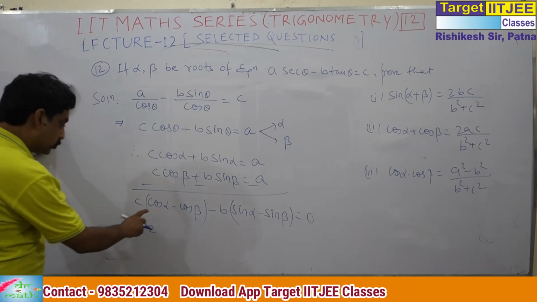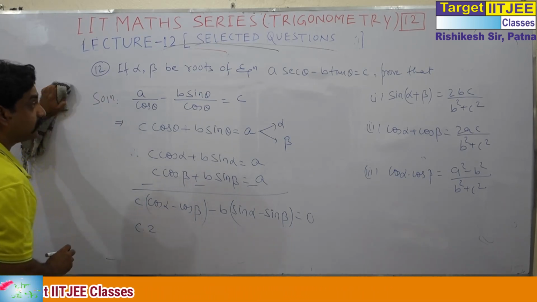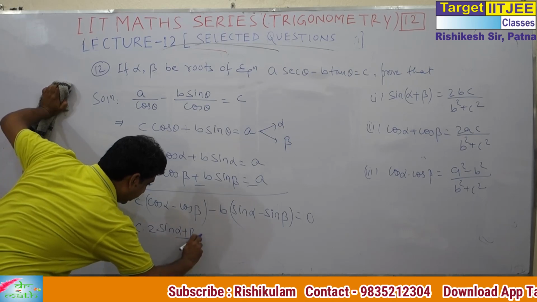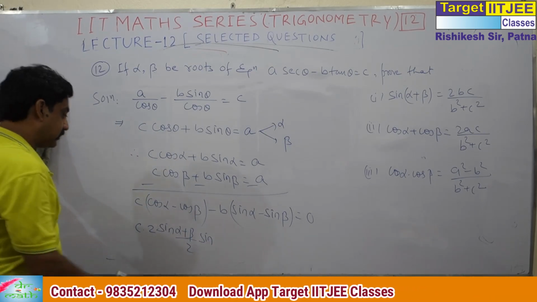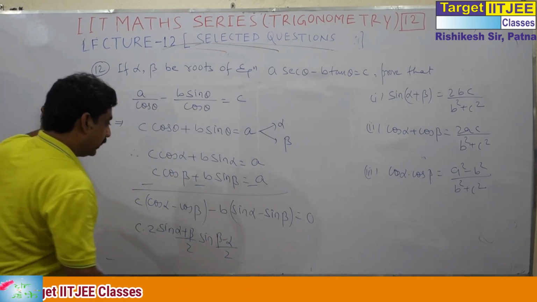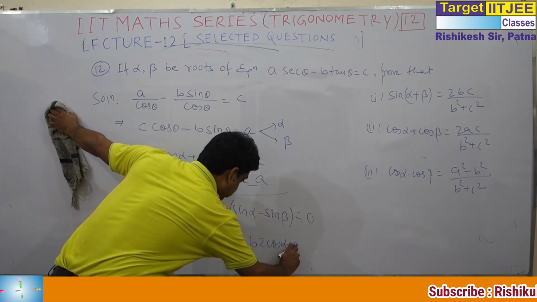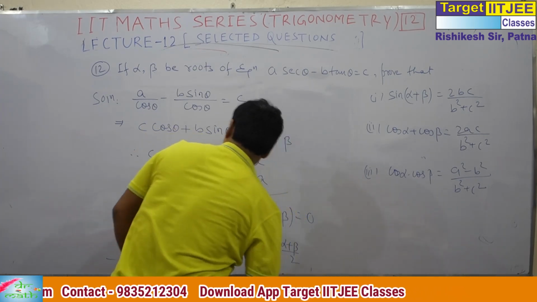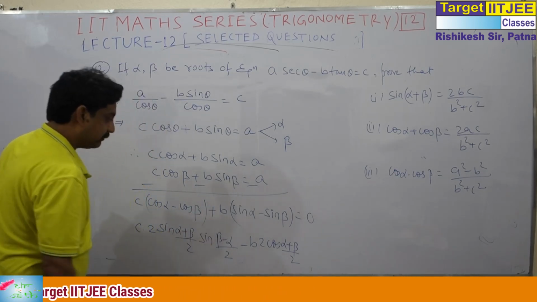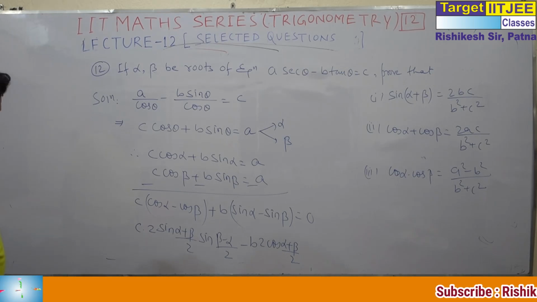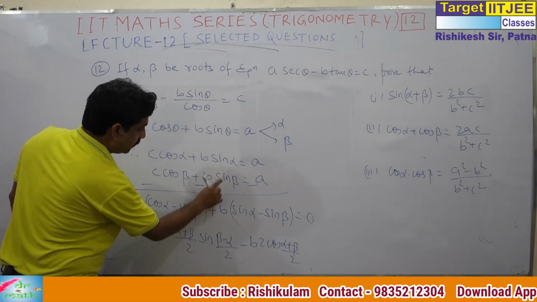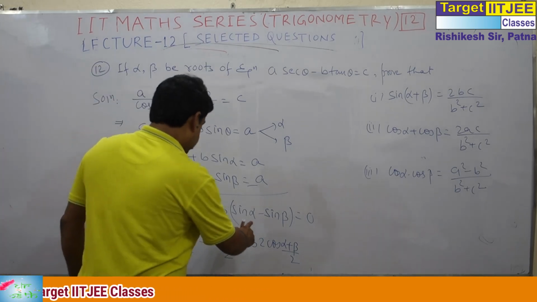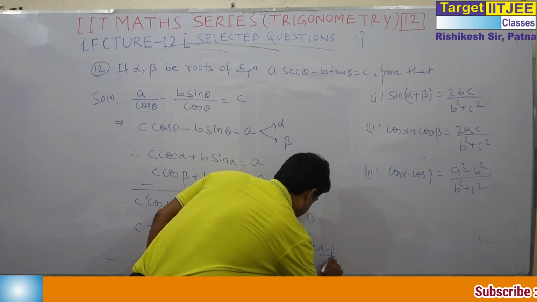On subtraction we get: c into 2 cos of alpha plus beta by 2 into cos of alpha minus beta by 2, and for b, 2 cos alpha plus beta by 2 into sin alpha minus beta by 2 is equal to 0. b is common; this is plus.